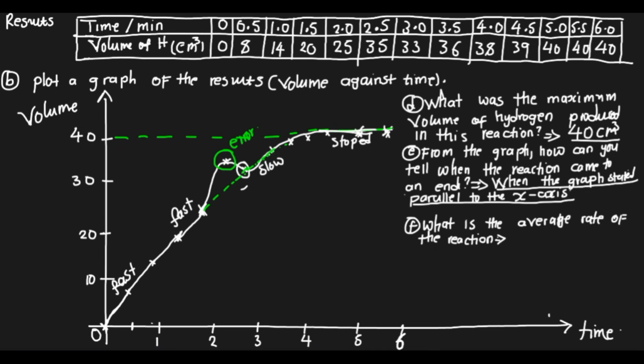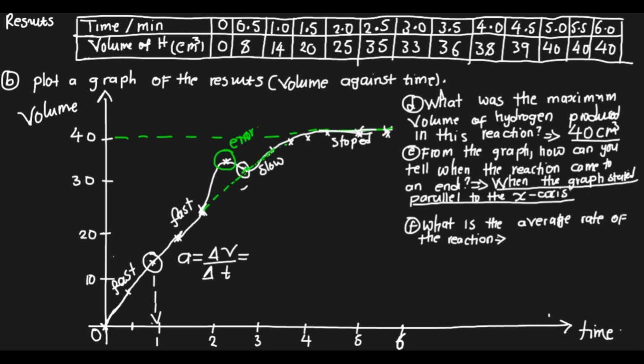Then F, what is the average rate of the reaction? Here, what we are going to do is find at least 3. The first average here is change in volume over change in time. Let's pick this point here. This is our first point. We know that time is 1 minute.